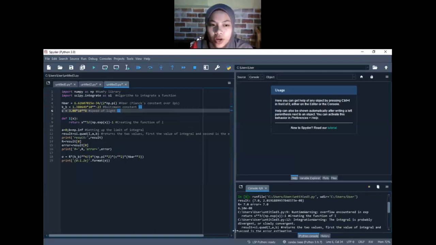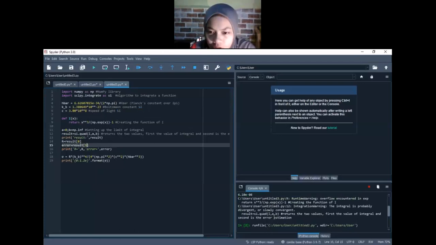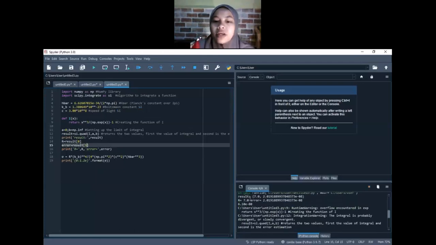And I think this is quite wrong. Wait, this is one. This one. Now we can see the thermal energy is 7.0 and the error is 2.019 times 10 to the power of negative 8. And this is the value of the sigma, which is 6.10 times 10 to the power of negative 8.